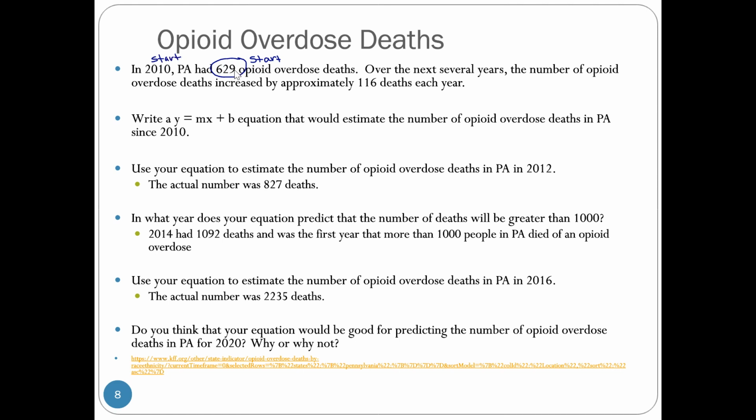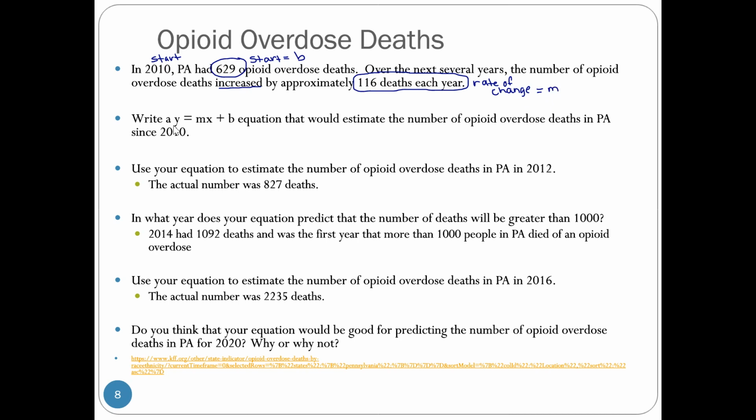So my starting number of deaths is going to be the B value in that equation. And then we have this increase of 116 deaths per year. And so this is the rate of change, which we know in the formula is M.